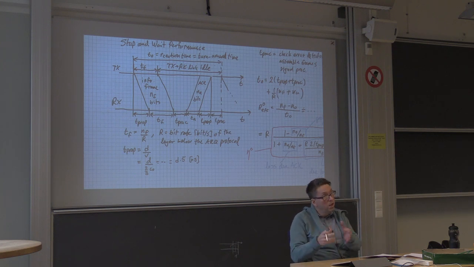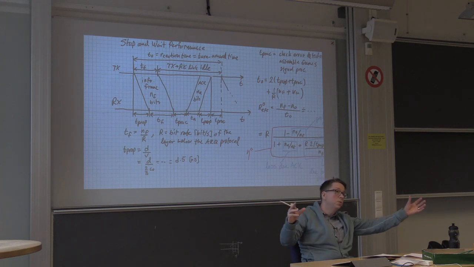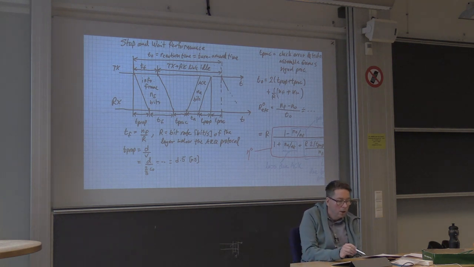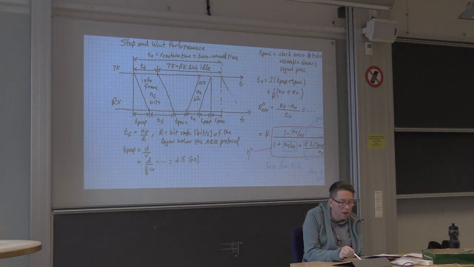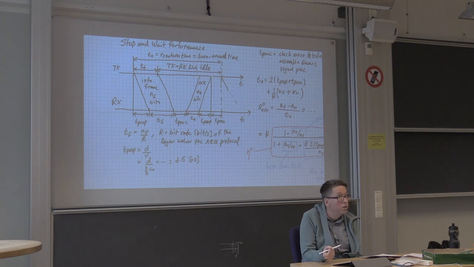So actually we can be unlucky and lose multiple frames in a row, and then of course the time to deliver that frame also increases. So now, instead of having a fixed time from when the first bit of a frame is transmitted until we can transmit the next frame, this is a random variable. And the random variable here depends on how many retransmissions we need to do.